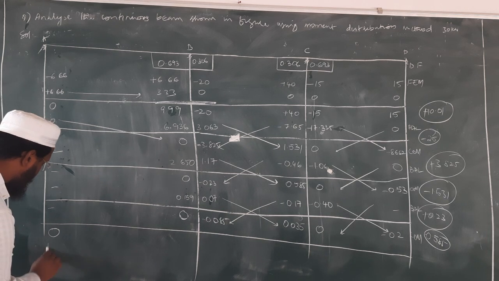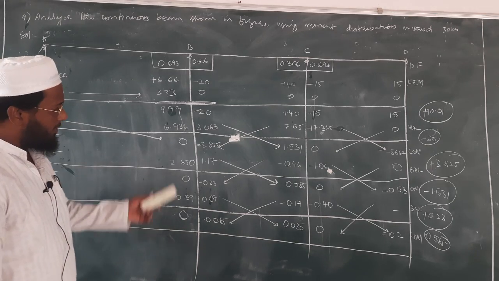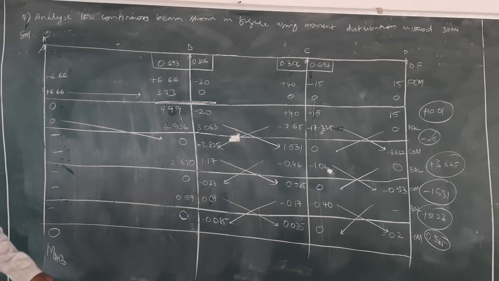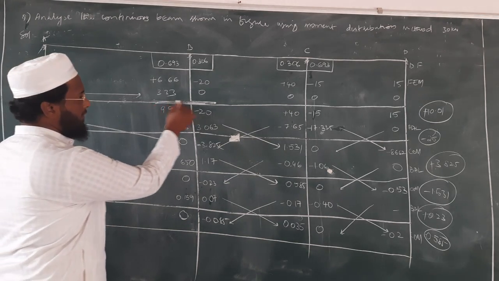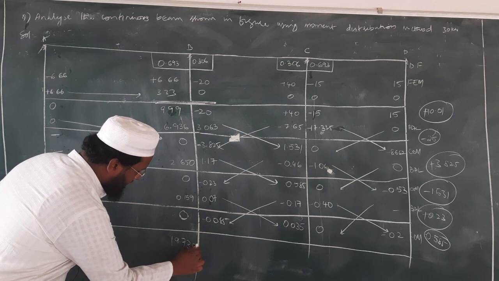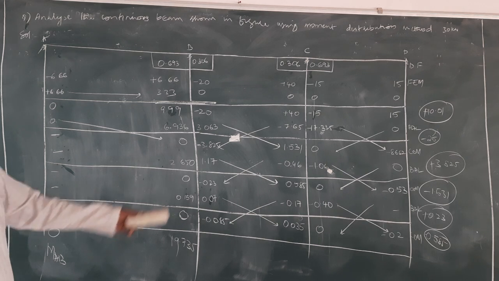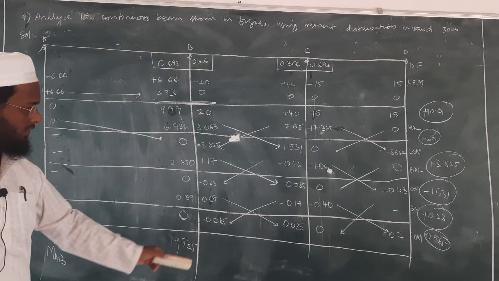So this is capital MAB. What about this value? Start adding from here. 19.735. Next. Minus 20, all these values you add.